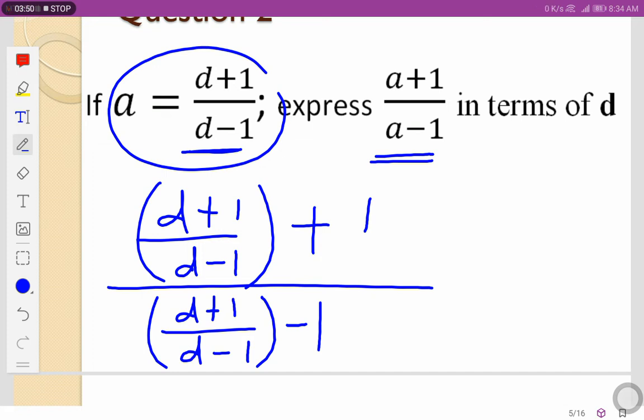When we have something like this, it's like we are dividing these two.